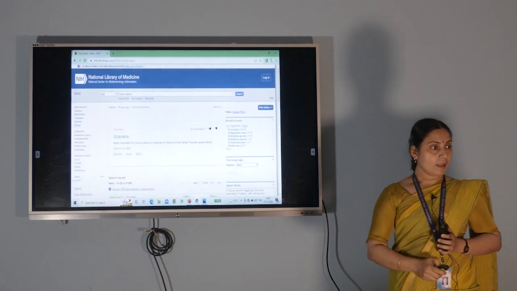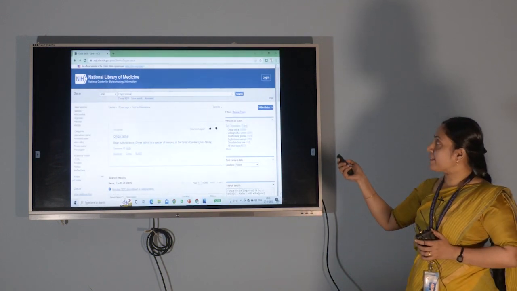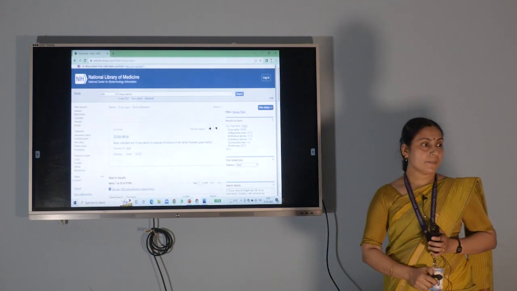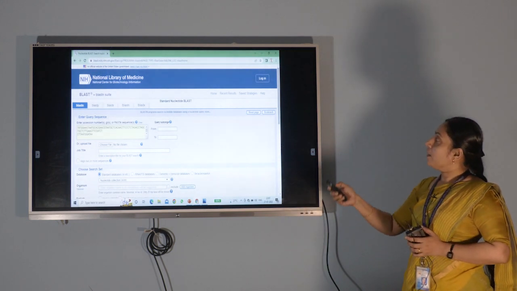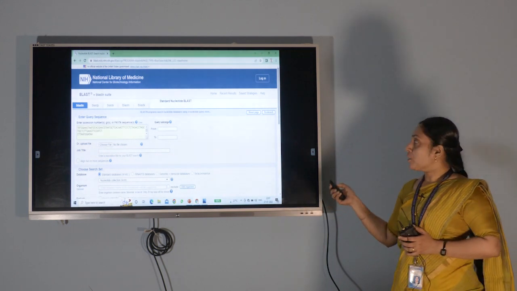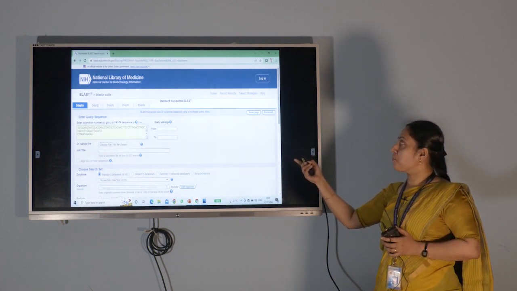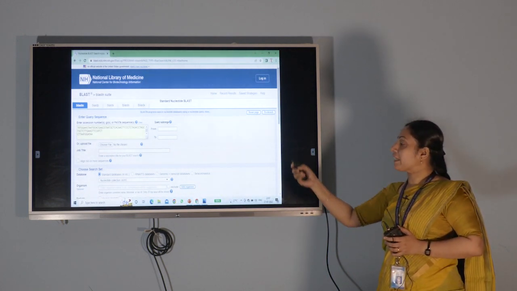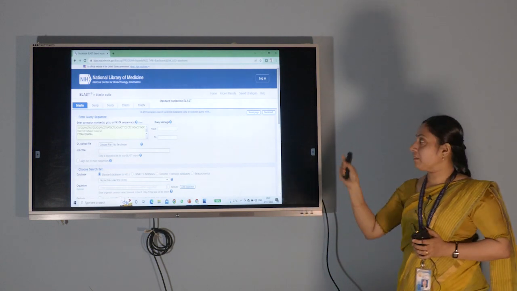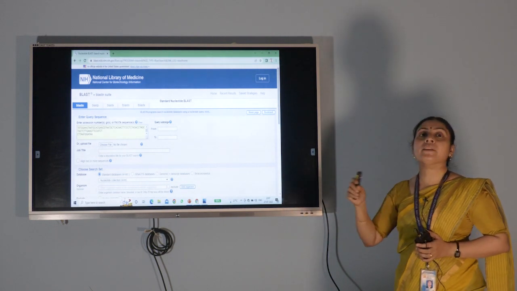This is the main NCBI, National Library of Medicine homepage. We provide Oryza sativa and search. This is the BLAST tool. We collect the sequences and paste the FASTA sequence into the BLAST options.